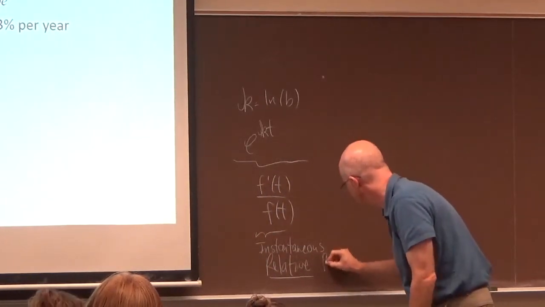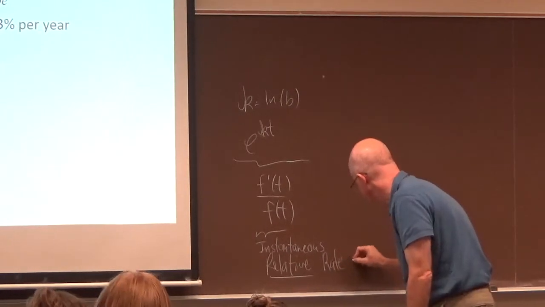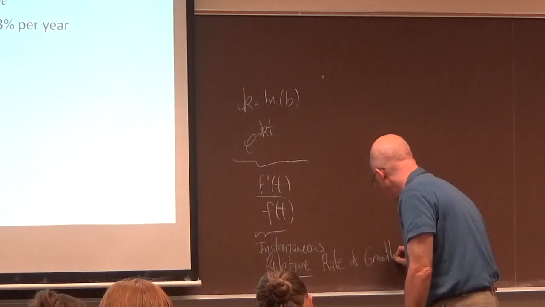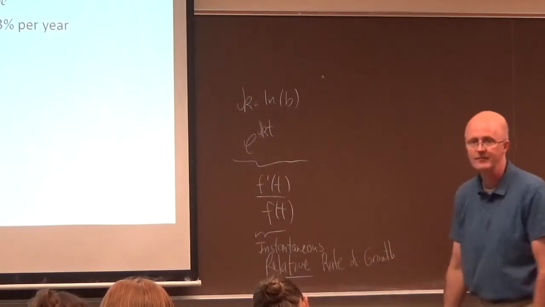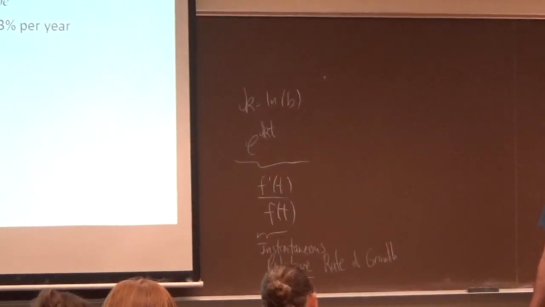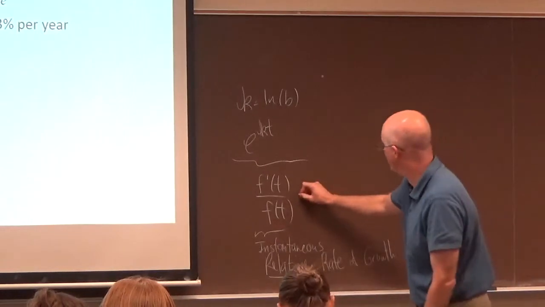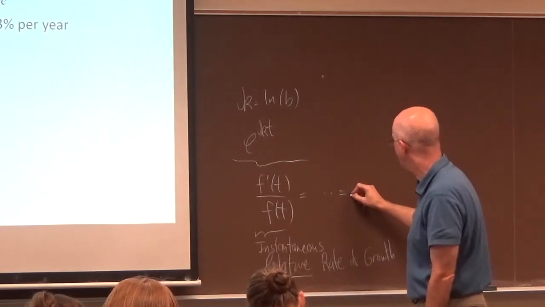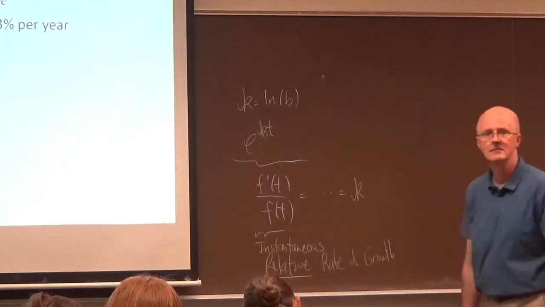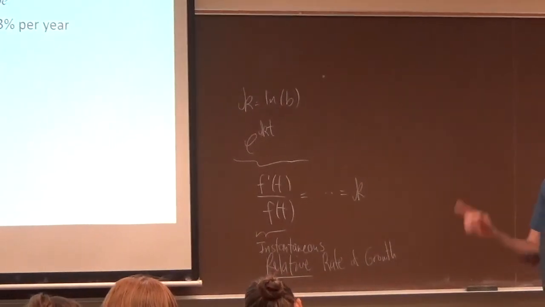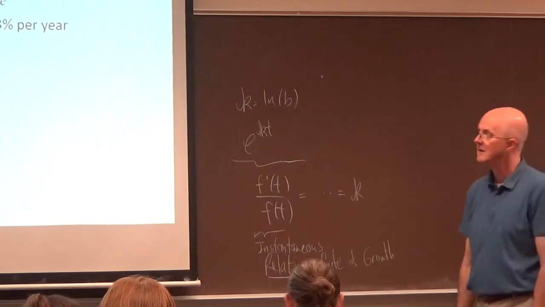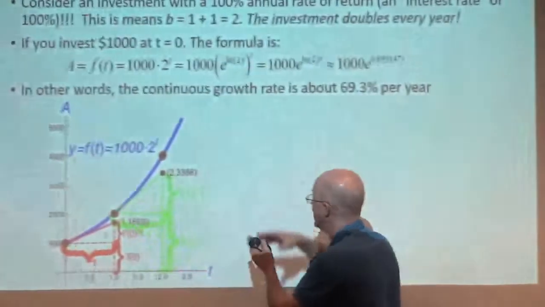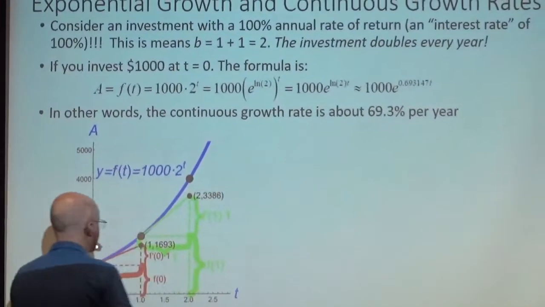Relative rate of growth, meaning you want to think of it as a percentage. And for the problem from last time, we saw that this actually equaled k, the continuous growth rate.